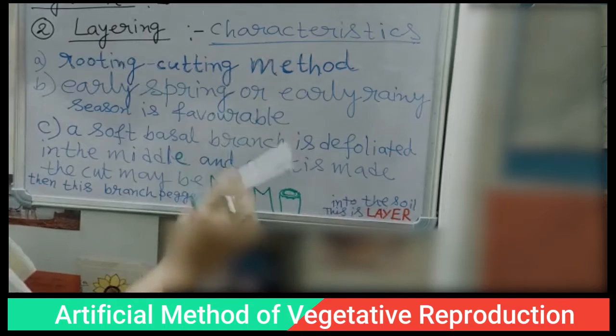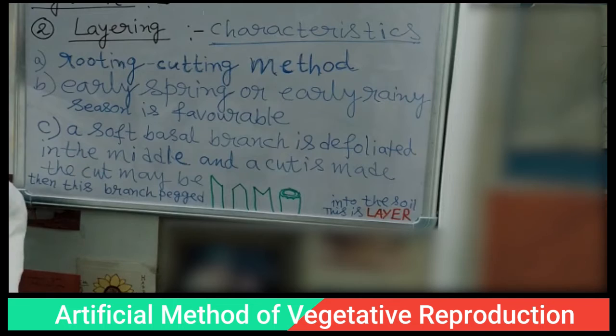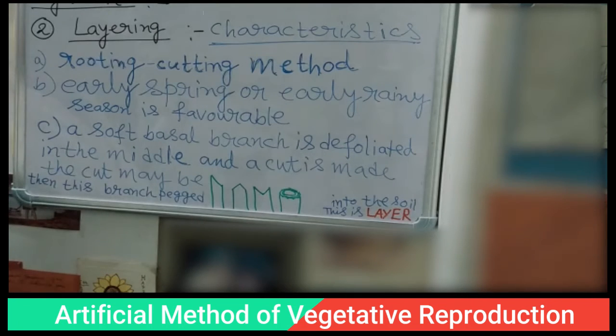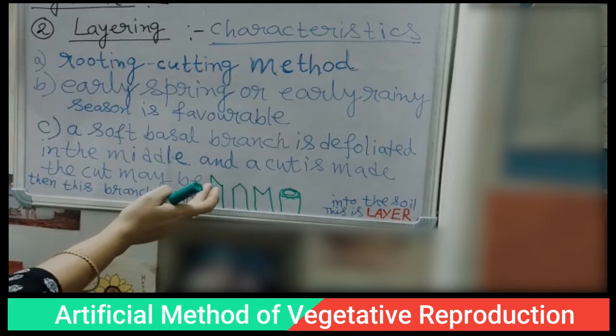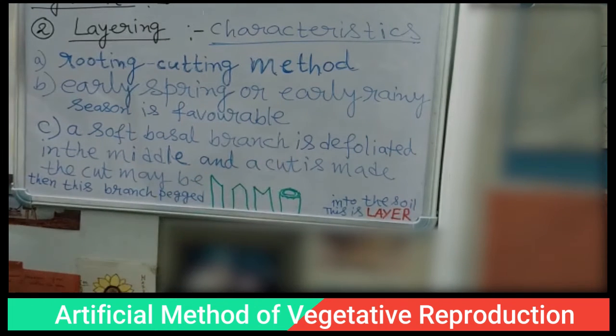So what is a layer? The soft basal branch which is defoliated. Defoliated means removal of leaf, and then a cut is made. The cut may be oblique or V-shaped or ring-shaped, and then this defoliated cut basal branch is pegged into the soil.